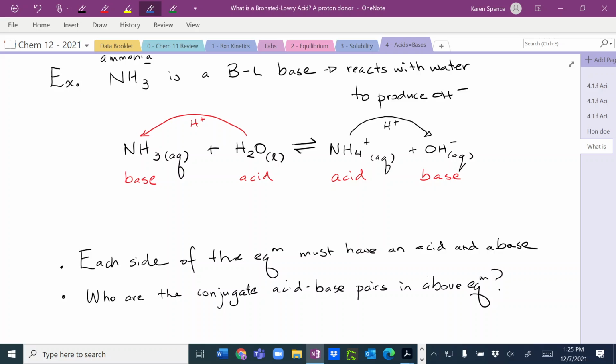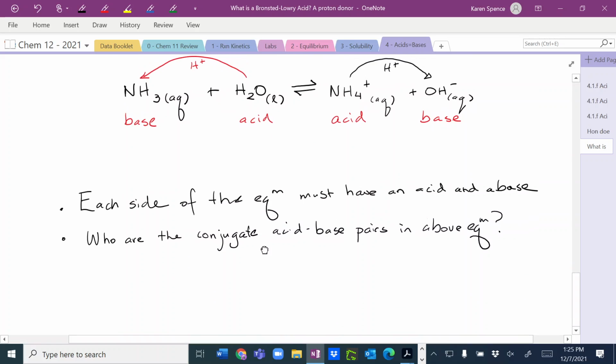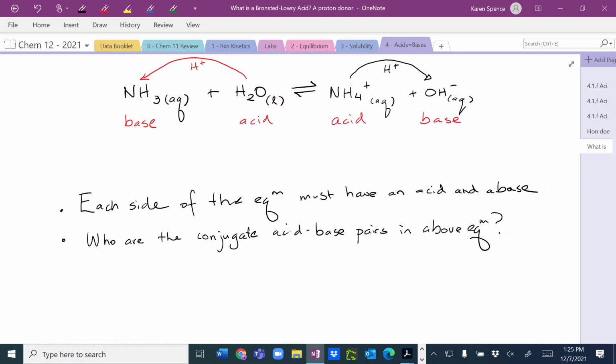So who is one conjugate acid-base pair? Yes? NH3 and NH4 plus, and our other one, H2O and OH minus. And we'll often write it this way in the equation.